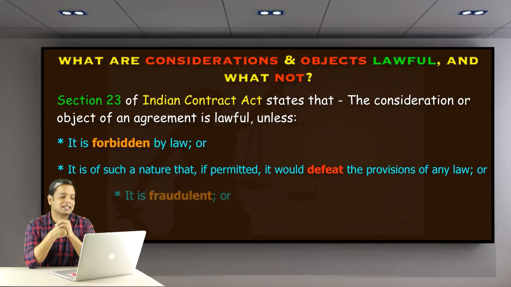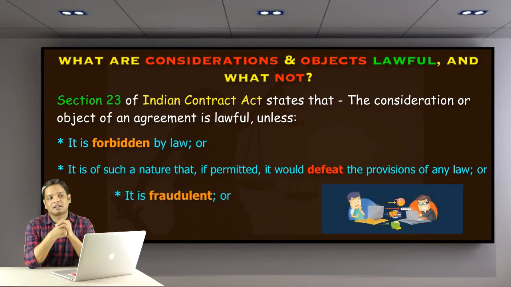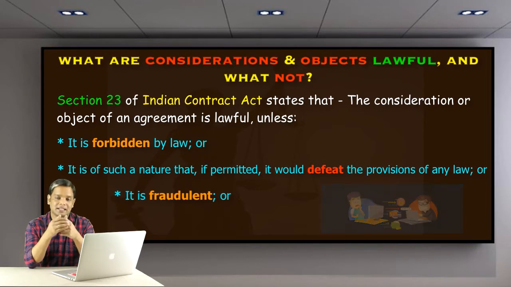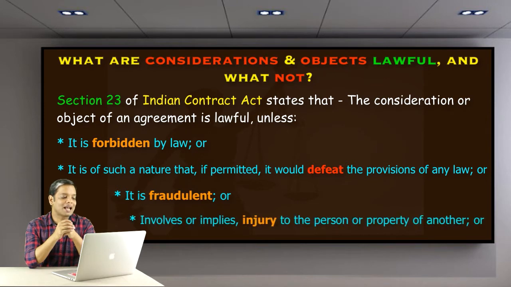Next, it is fraudulent. Fraudulent means the kind of item that does not have genuineness or authenticity. Next, it involves or implies injury to the person or property of another. If it is such in nature that it injures another person or another's property, even then it is unlawful.